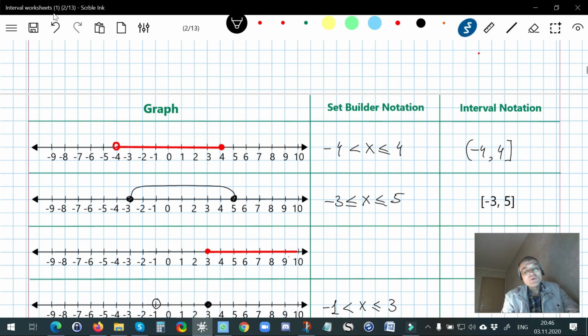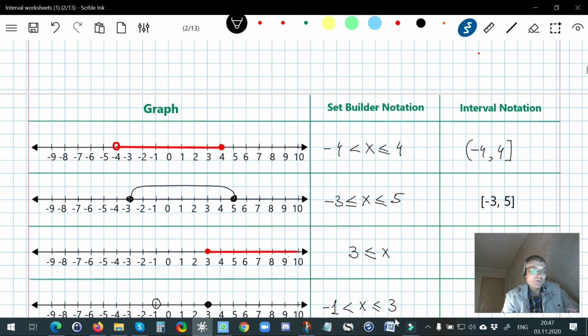So in this case, I just write that x is greater than +3 or equal to +3. I can also write this in another way: +3 is less than or equal to x.